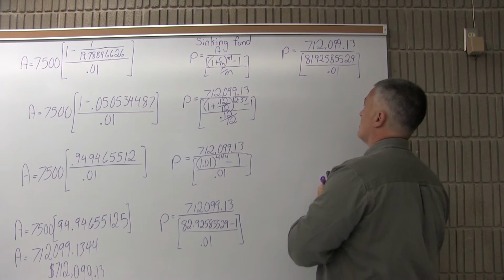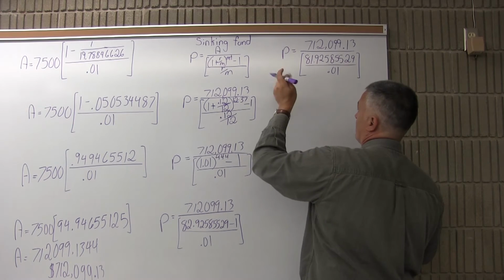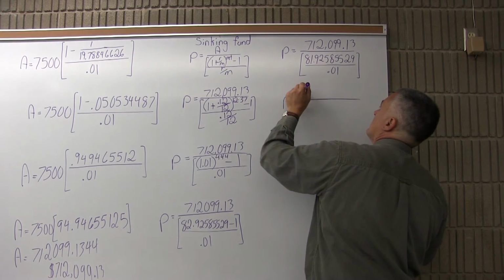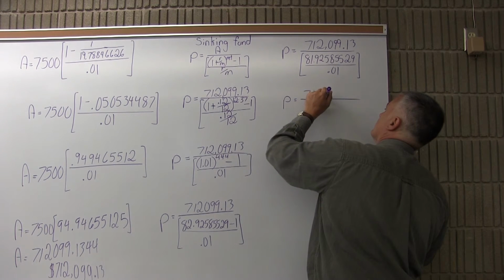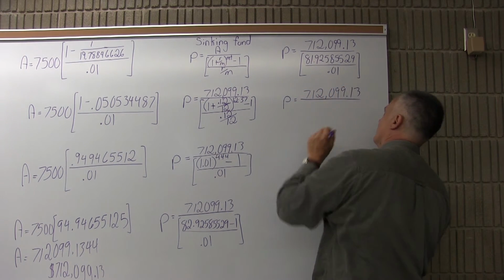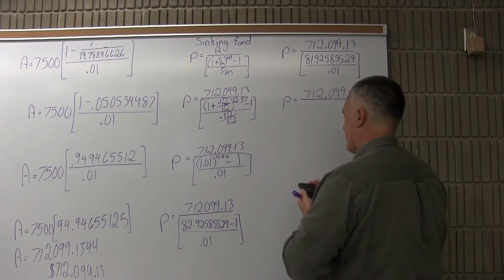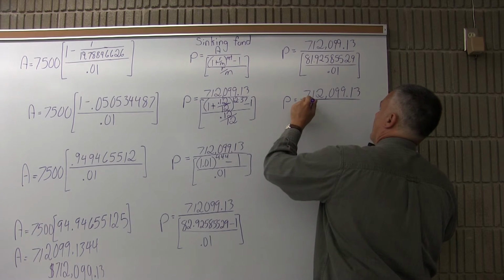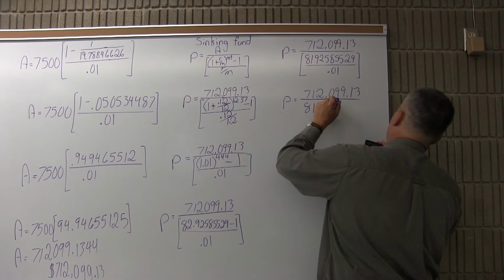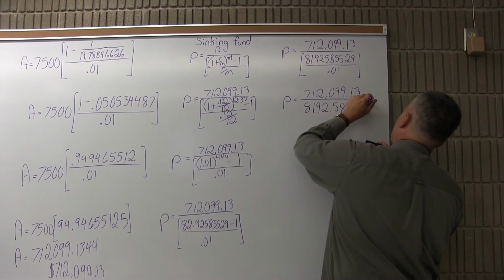It's going to slide the decimal over, so the 81.92 becomes 8192.58 something. So that's going to give me P equals $712,099.13 over 8,192.585529.